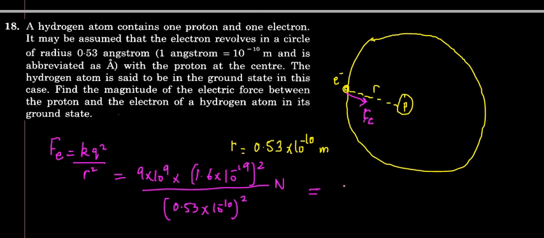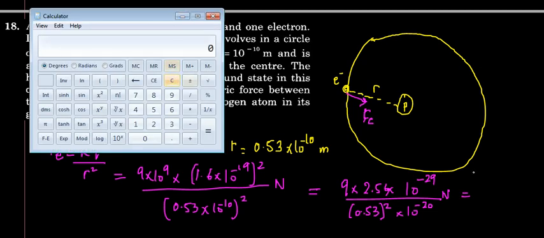So we'll solve this. 9 into 1.6 squared, which is 2.56, into 10 to the power of minus 38, and this is minus 29, divided by 0.53 whole squared times 10 to the power of minus 20 newtons. Let's use a calculator to find this number. 9 into 2.56 is 23.04, and you divide this number by the square of 0.53.